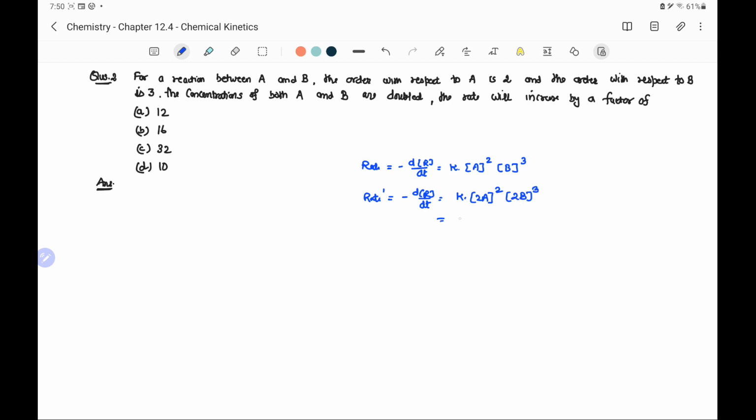So it is equal to 2 raised to power 5 into K into concentration of A square, concentration of B cube. The term K[A]²[B]³ is the initial rate. Therefore, the new rate of the reaction will be 32 times the initial rate. Hence, option C is the correct option.